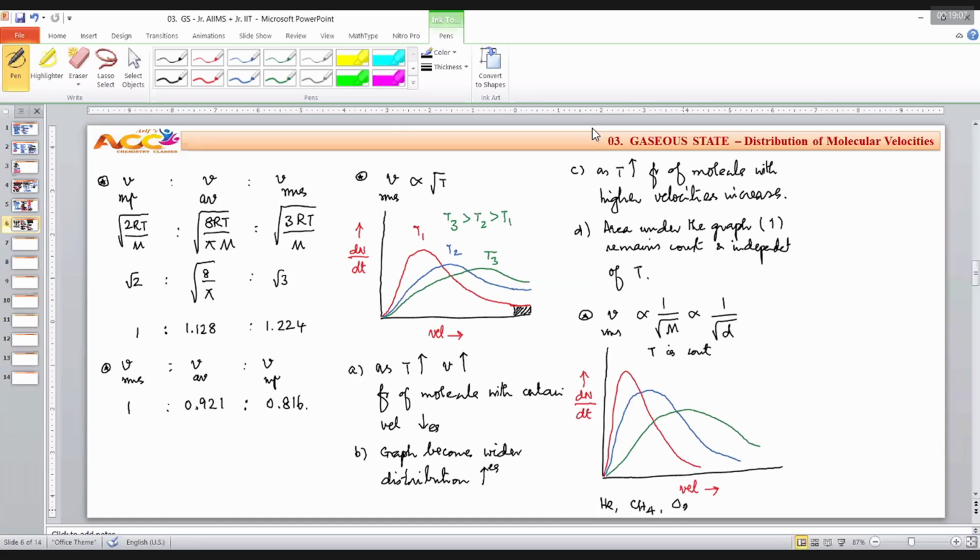Now you are asked which graph belongs to which gas.